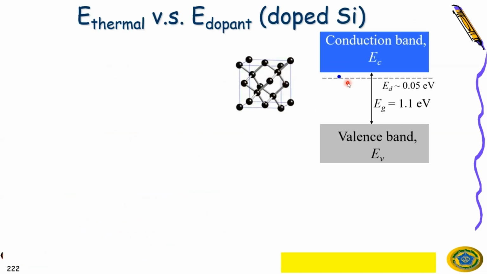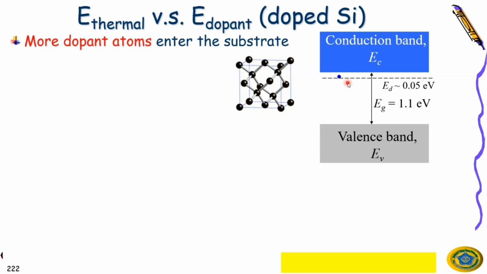So let's take a look at the thermal excitation versus the dopant energy. So more dopant atoms enter the substrate. On the previous slide, I told you that if I just replace one atom of silicon with arsenic, you have one extra electron as a donor, and then the level is very, very close to the conduction band.